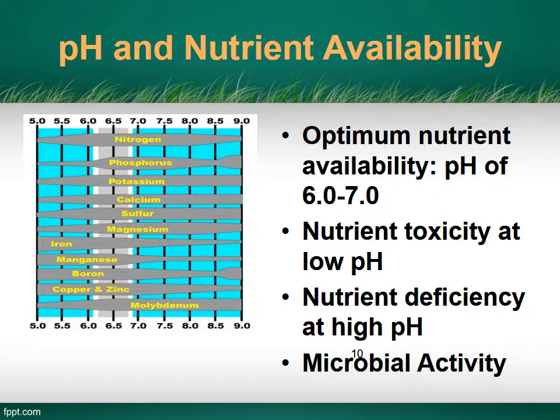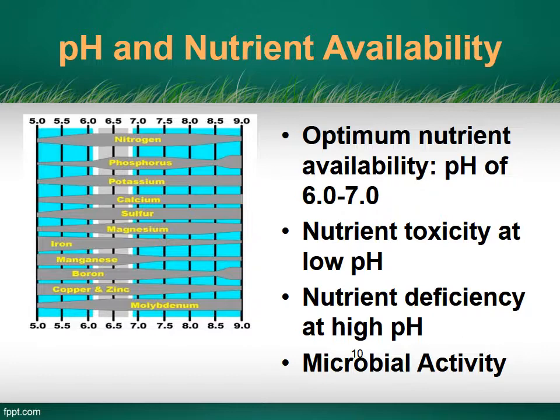So if your soil pH is very high or very low, even though you may have plenty of phosphorus in the soil, it's going to be tied up with another mineral and it won't be available to your plants. If your pH is very low, the phosphorus will be tied up with iron, and at a very high pH, the phosphorus will be tied up in aluminum. So even if it's present, the plant cannot take it up.